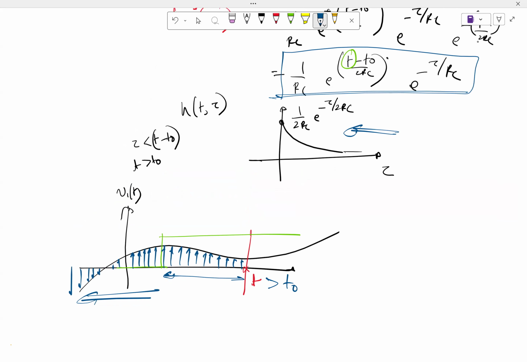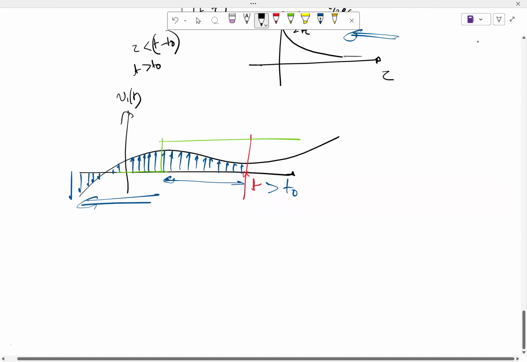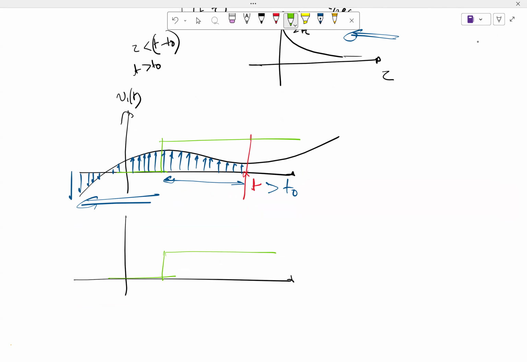You have to do another calculation in which t is less than t naught. In this case you don't have to bother about anything that is happening after t.